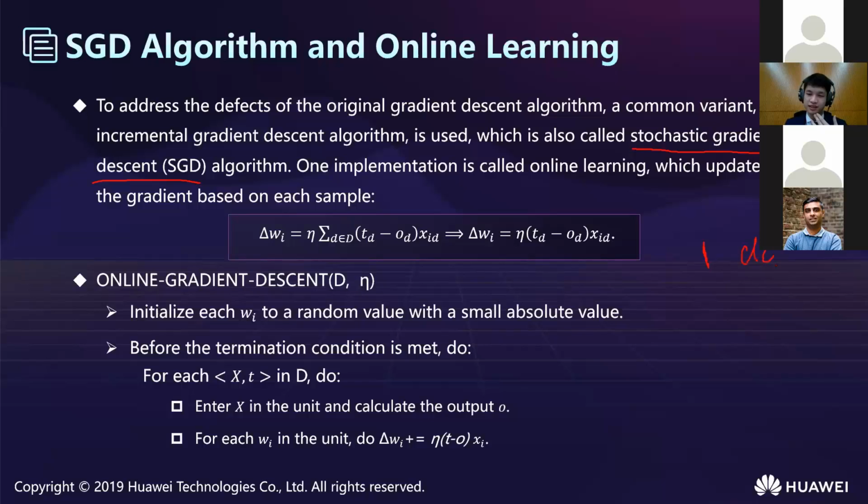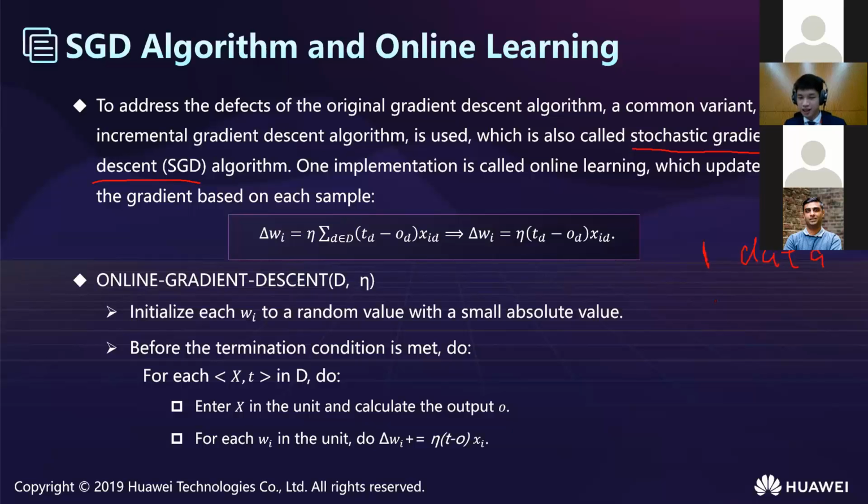Just like I only ask one person in the supermarket. But the problem is maybe the person doesn't know the direction, so maybe they will tell me a wrong direction. That is a disadvantage of SGD, but the advantage is it updates very quickly. Do you agree?